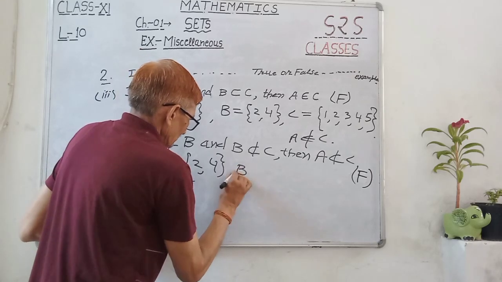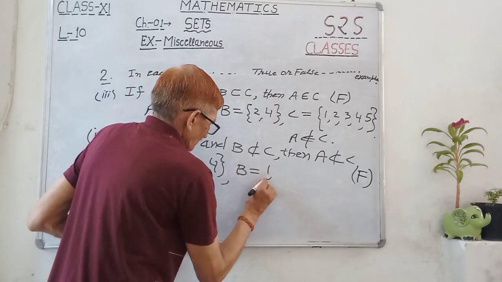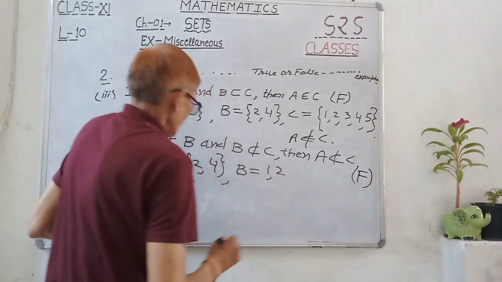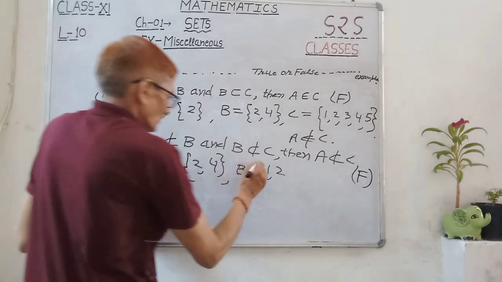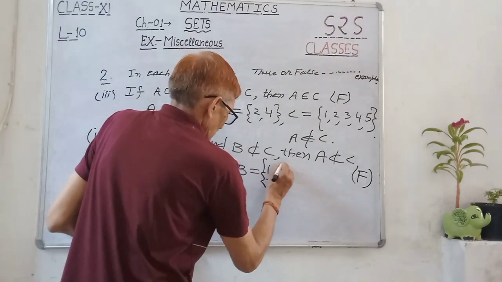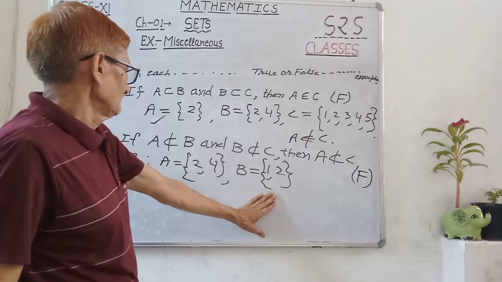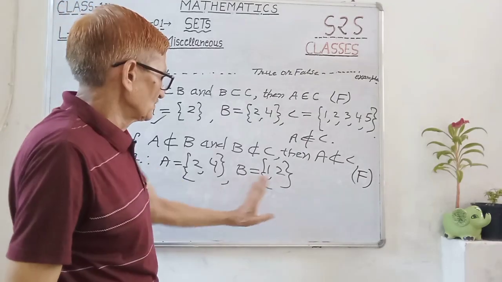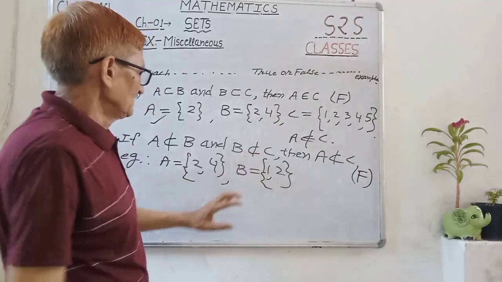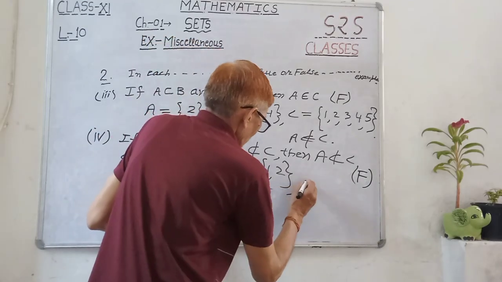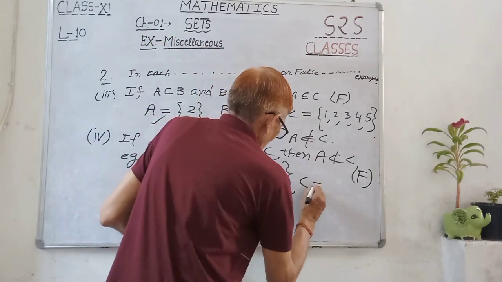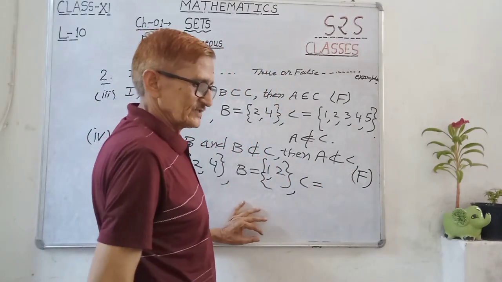Set B is equal to 1, 2. See this, every element is not in B. Like this, A is not the subset of B. Clear? Every element of A is not in B. And B is not the subset of C.